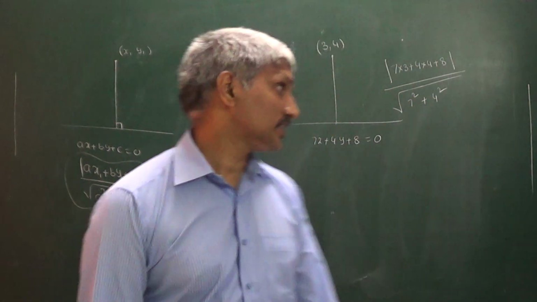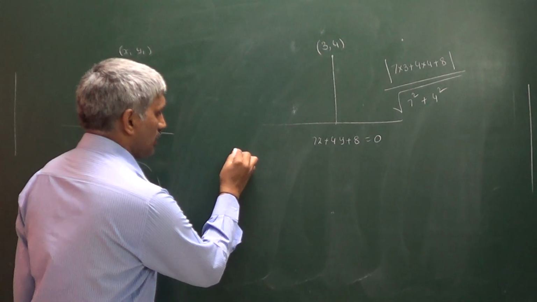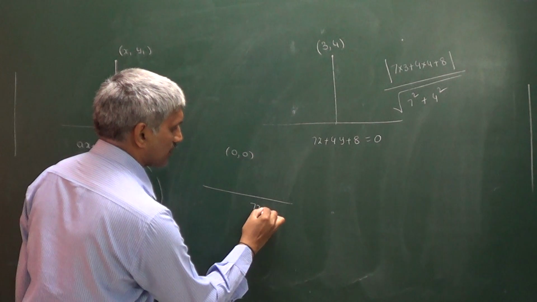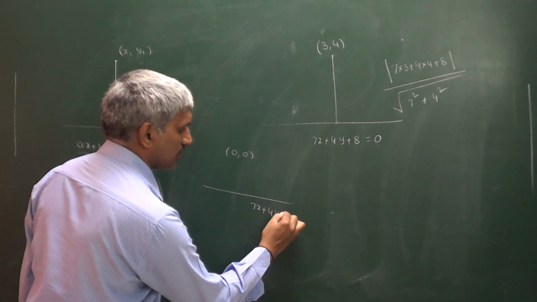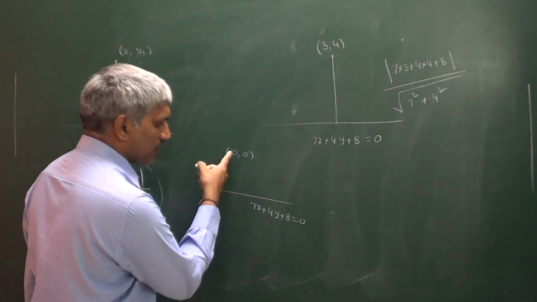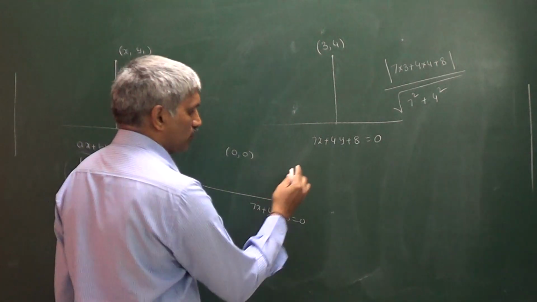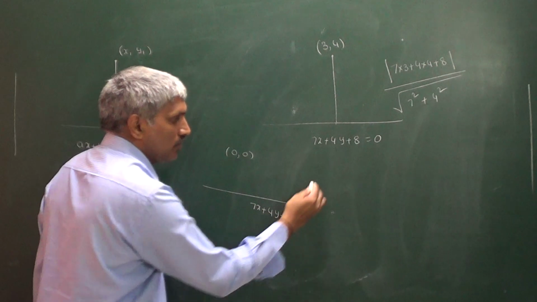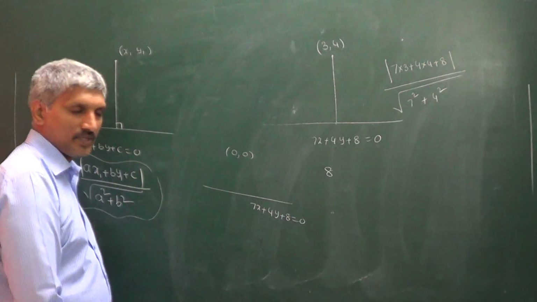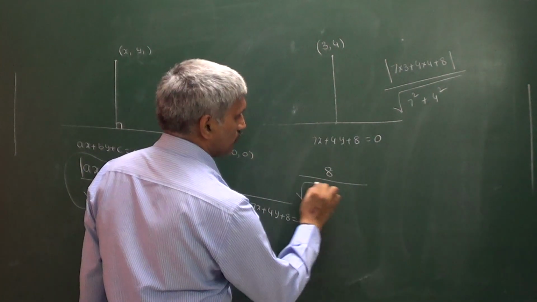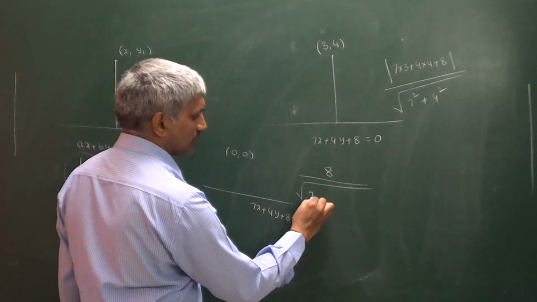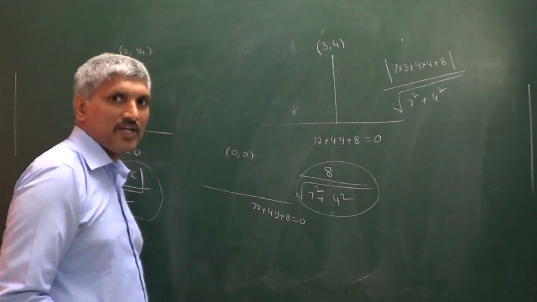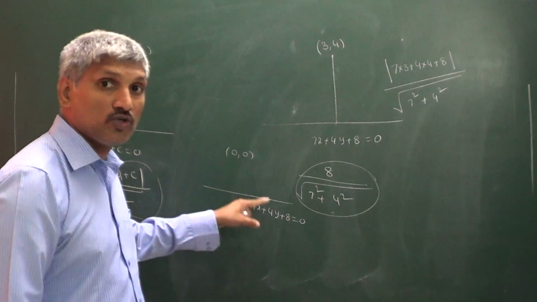Suppose the question is given like this: from the origin onto the line 7x plus 4y plus 8 is equal to 0. Then in place of x put 0, in place of y put 0. So 8 divided by square root of x coefficient square plus y coefficient square. That is the perpendicular distance from the origin to this line.